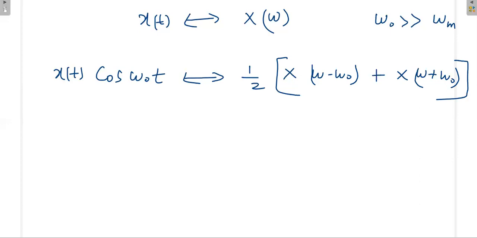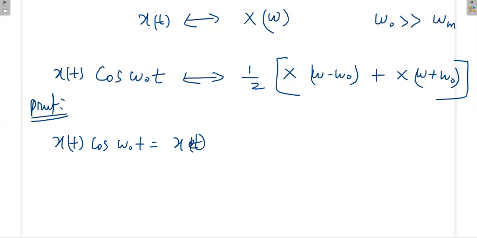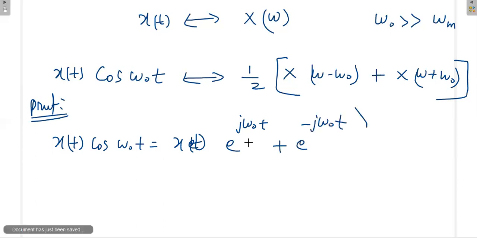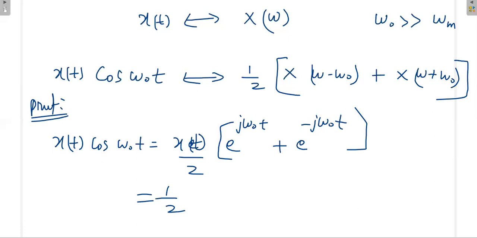Now we'll try to prove this. x(t) cos omega naught t. Again, cos omega naught t we can write as [e^(j omega naught t) plus e^(minus j omega naught t)] by 2. So 1/2 of x(t) multiplied with e^(j omega naught t), and x(t) multiplied with e^(minus j omega naught t).